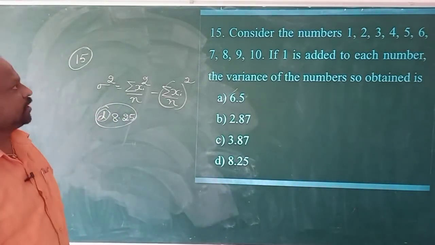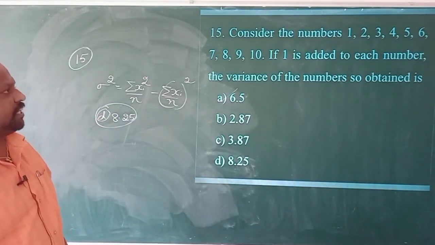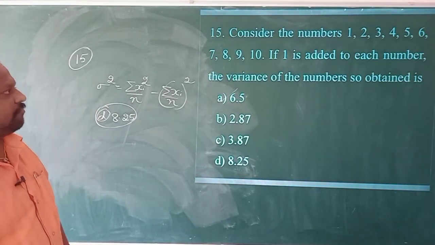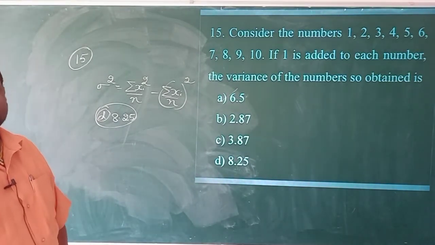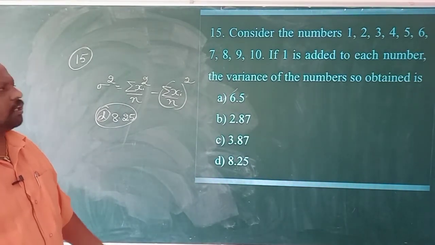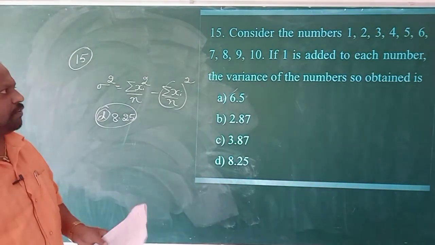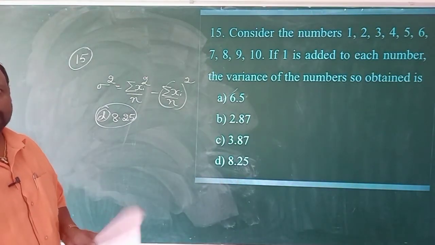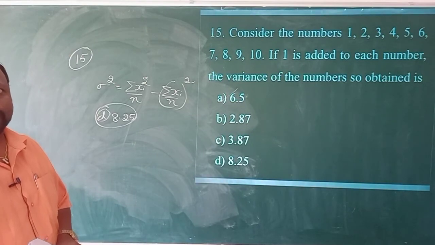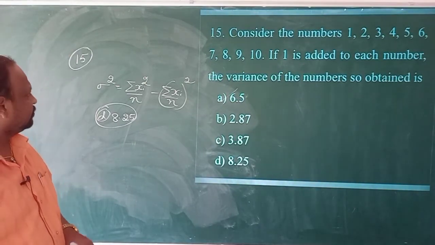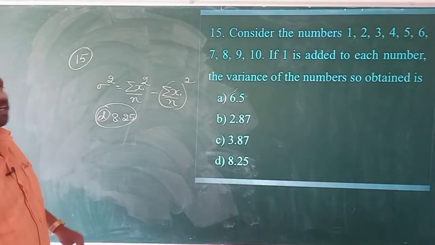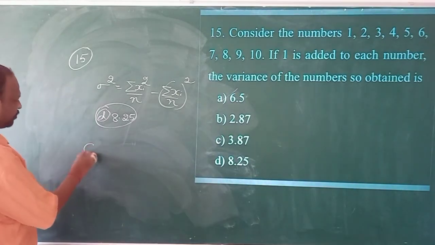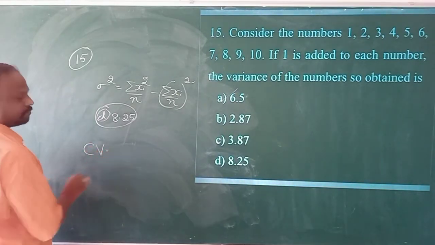Here they have given the numbers. If 1 is added to each number, you should calculate the variance. As you know, if a constant is added to each number, the variance or standard deviation will not change. And one more formula is very important for you, the coefficient of variation.